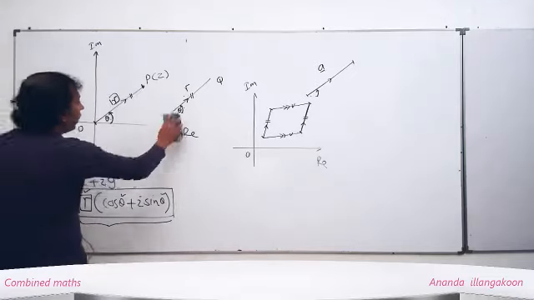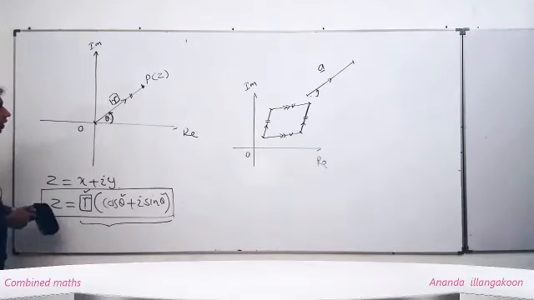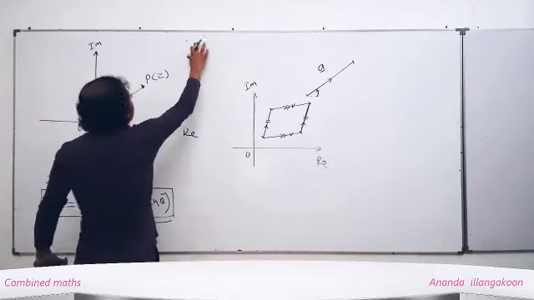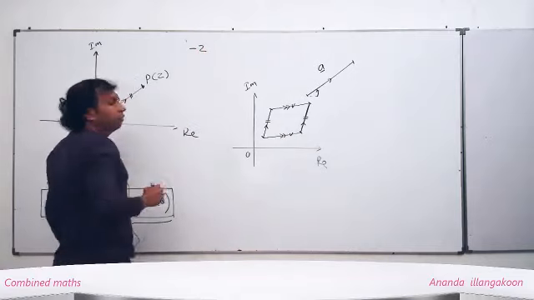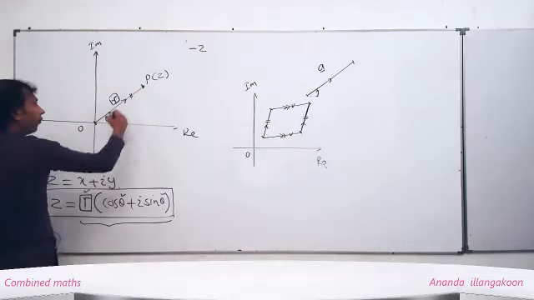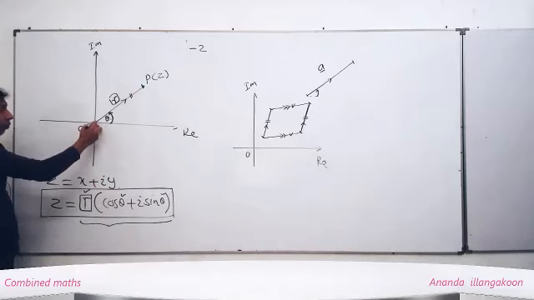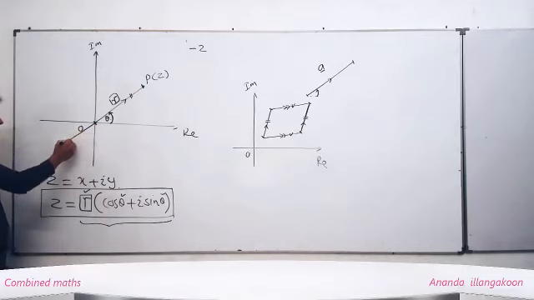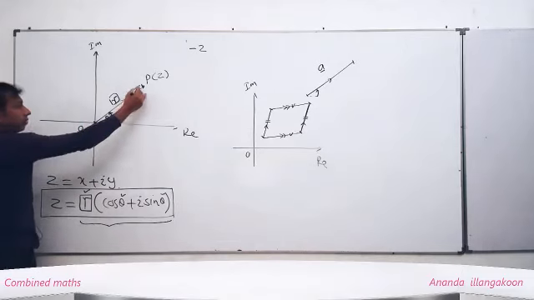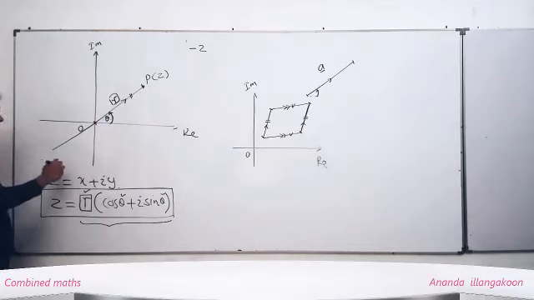That means if we have a complex number Z, in order to get minus Z, we said the same line segment OP we have to draw in the opposite direction starting from O, this way.